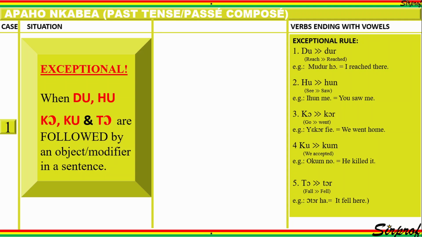The past tense becomes kum. Example: okum. To. The past tense becomes tor. Tor ha. Please remember, the vowels are not doubled.